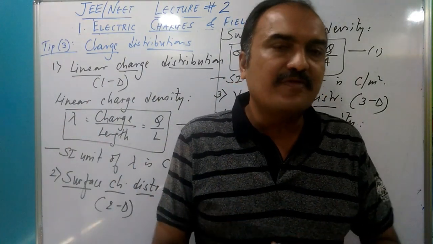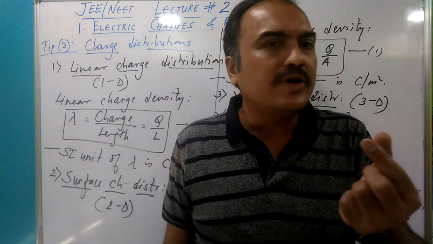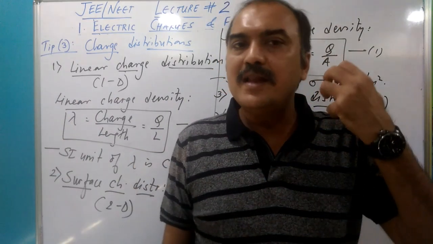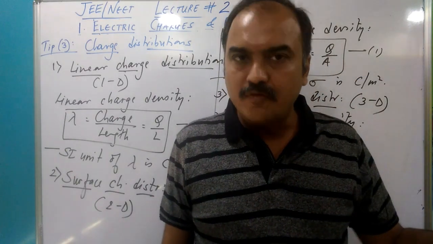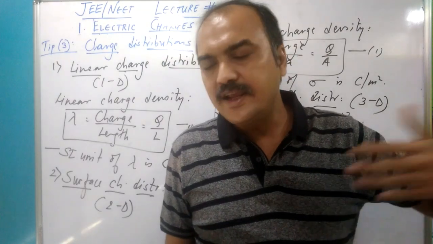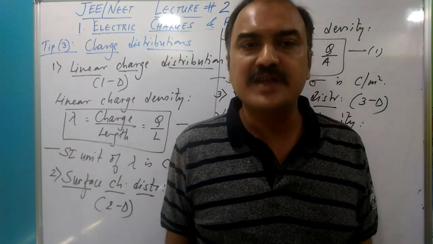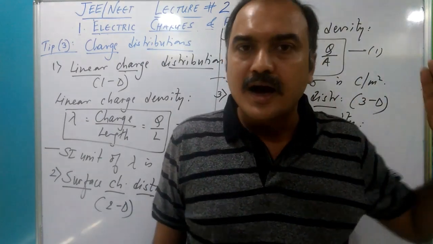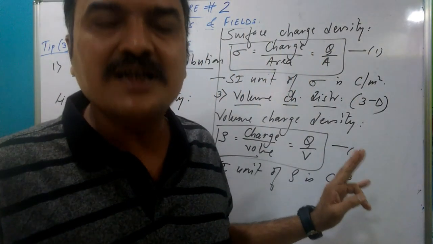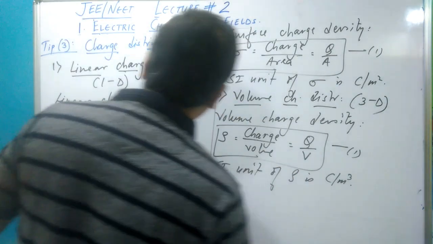And once my system is defined, I'm going to take an elemental length or elemental area or elemental volume, find out the charge associated, and then move on to finding either force or field and integrating it over the whole scene. So stay with me. I'm going to do a couple of sums based on this, and utilizing that you'll be able to understand how we are looking at it.